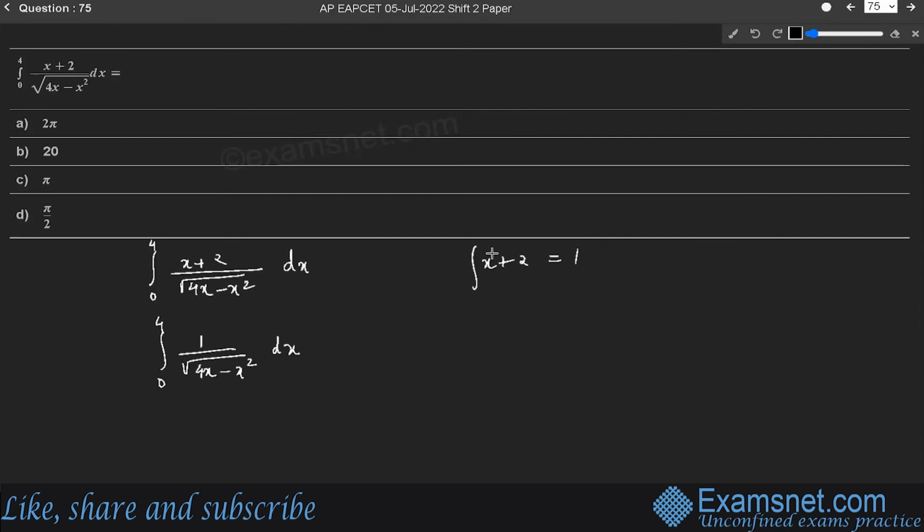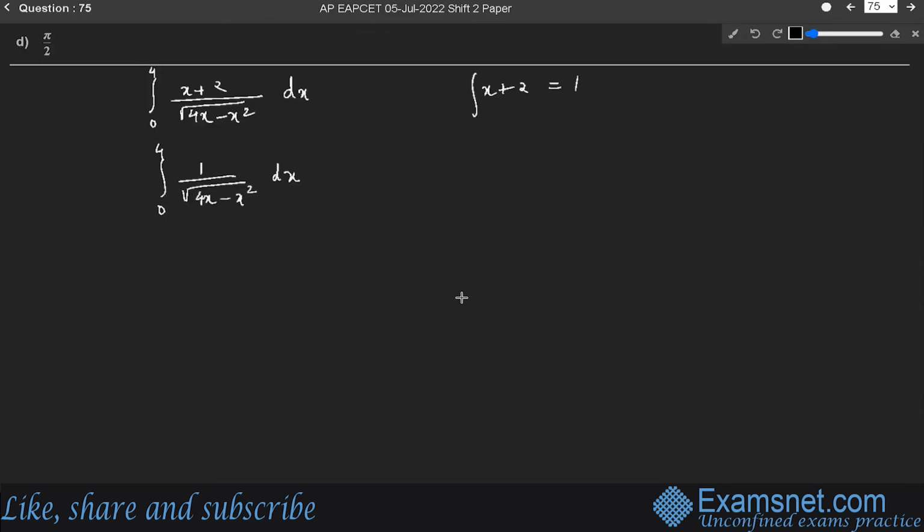Now, on further integrating this term, let this be equal to I. So it will be the integral from 0 to 4 of 1 dx divided by under root of, taking minus common, x square minus 4x.